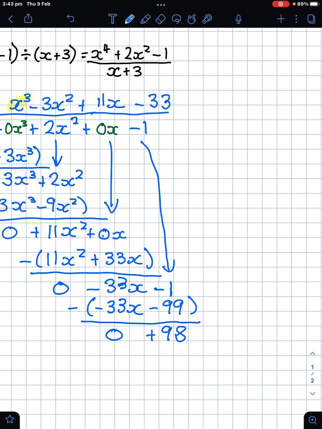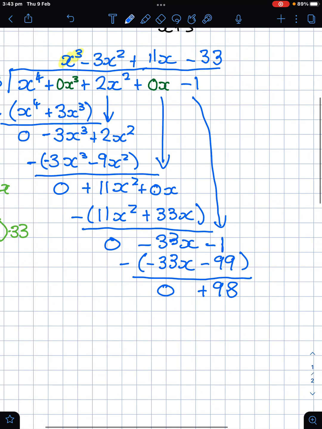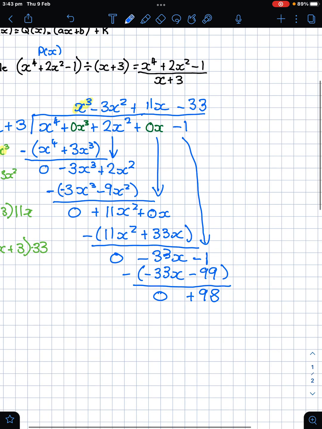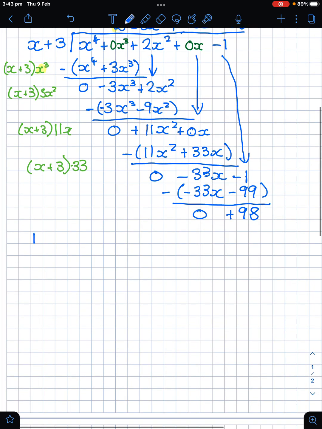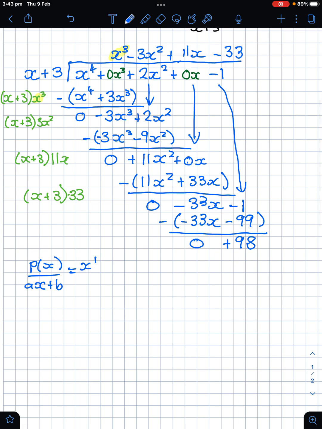So at the moment, to bring this back full circle, we're looking for this px over ax plus b. So in this form our equation was x to the 4 plus 2x squared minus 1 all over x plus 3.